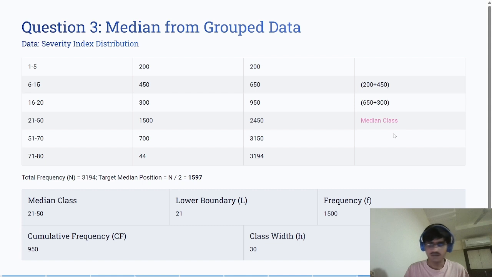So we have total frequency here as 3194 and target median position as 1597. The median class here is 21 to 50. Lower boundary is 21, frequency is 1500, cumulative frequency appears to be 950, and class width is 30.